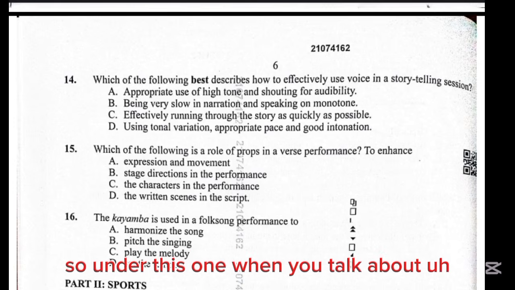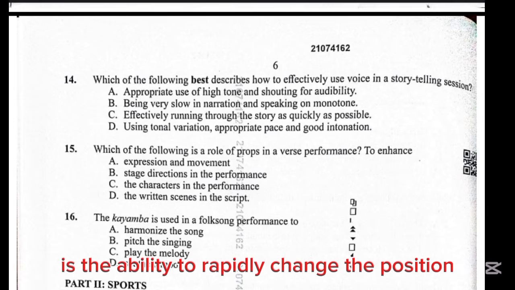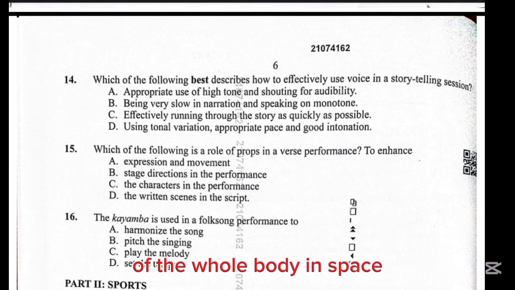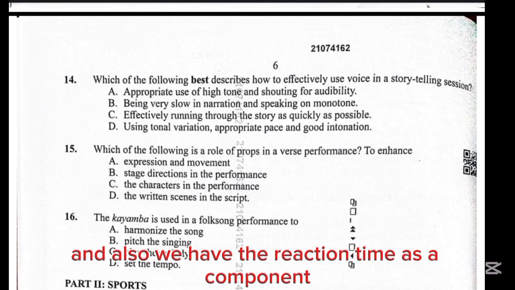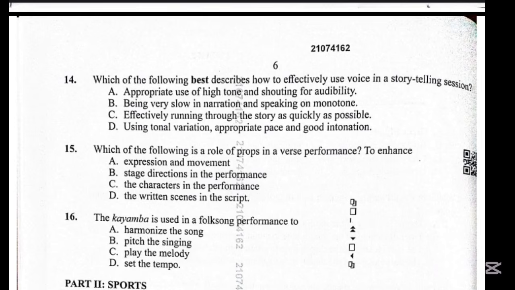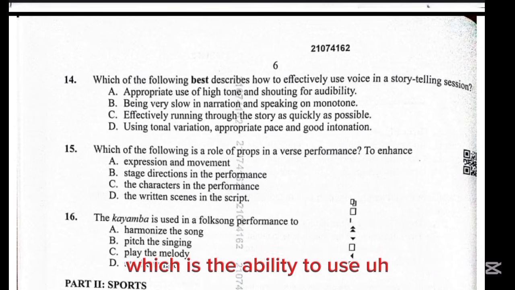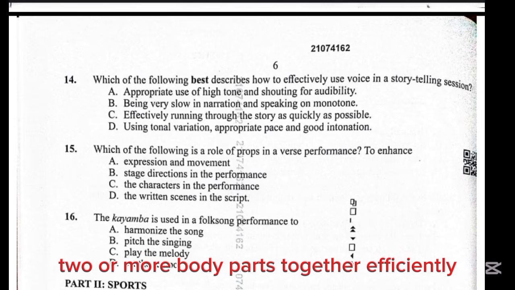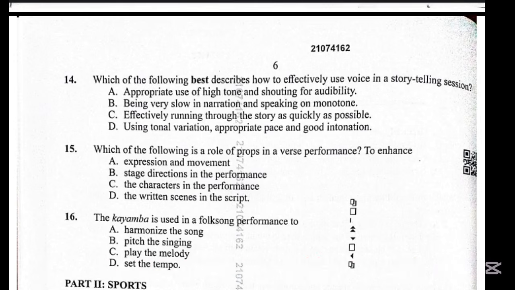When you talk about agility, we talk about the ability to rapidly change the position of the whole body in space with speed and control. And also we have reaction time as a component. Here the correct answer was C, coordination, which is the ability to use two or more body parts together efficiently at the same time to achieve a goal.